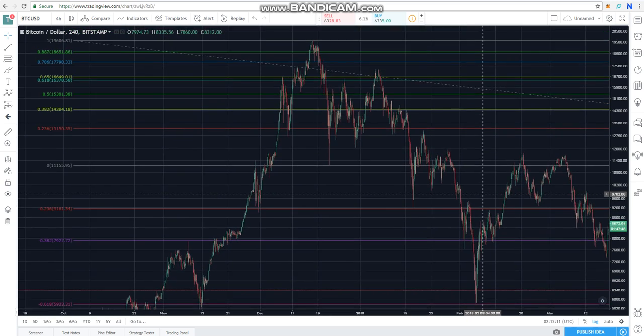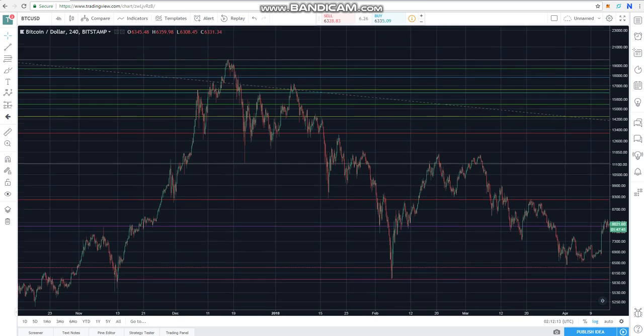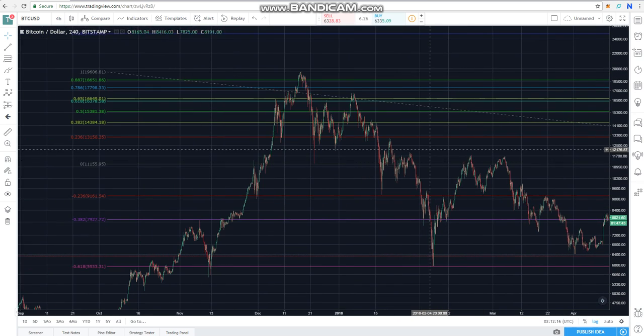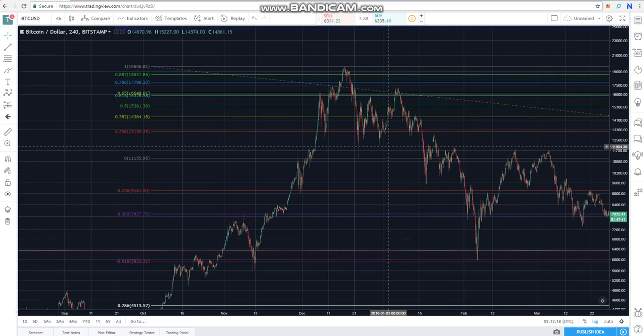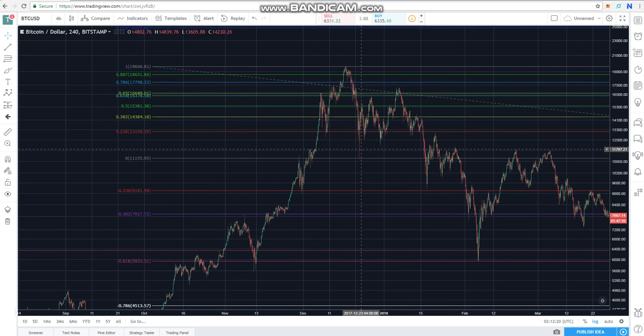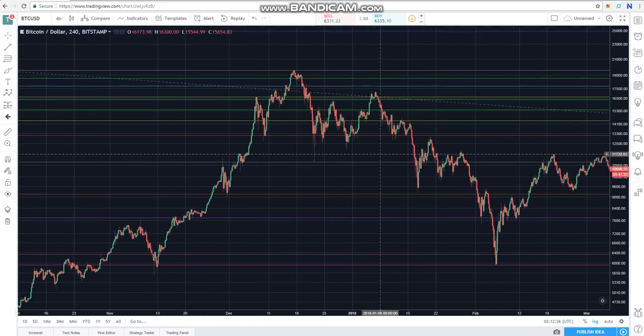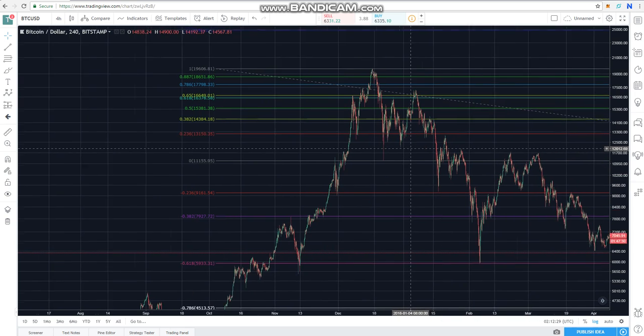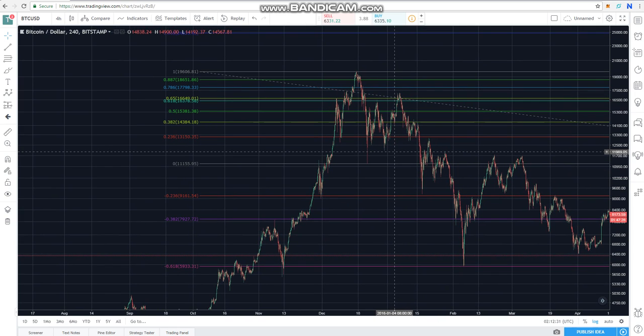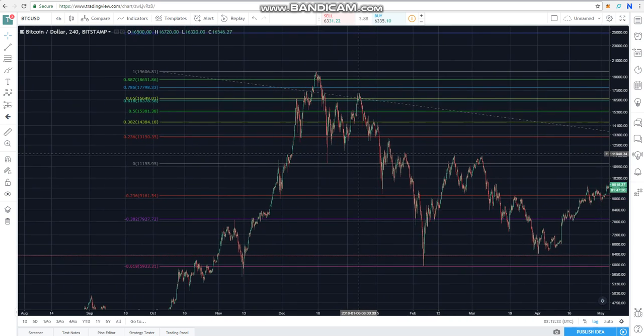And so this is not a coincidence. There are institutions who are using trading bots to set buying orders and selling orders on these Fibonacci levels, and also professional trading people who understand that big money and institutions are trading on these Fibonacci levels.